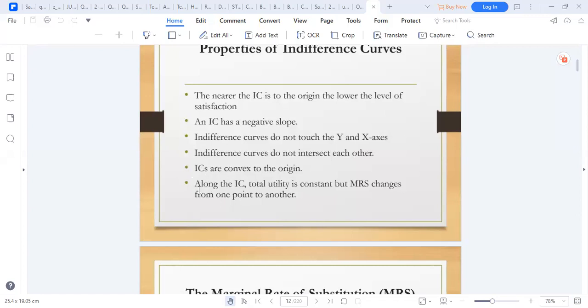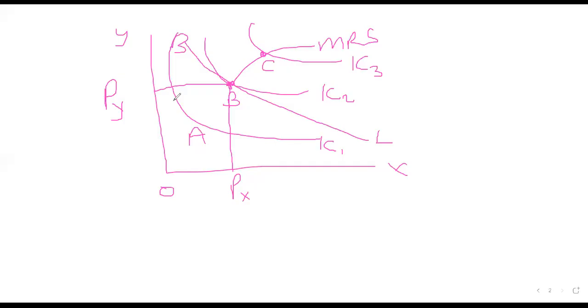And also you need to understand that along the indifference curve, total utility is constant, but the marginal rate of substitution changes. So the satisfaction that is attained at this point is the same as satisfaction that is attained at this point. But the movement from this point to this point brings about what we call marginal rate of substitution or opportunity cost.